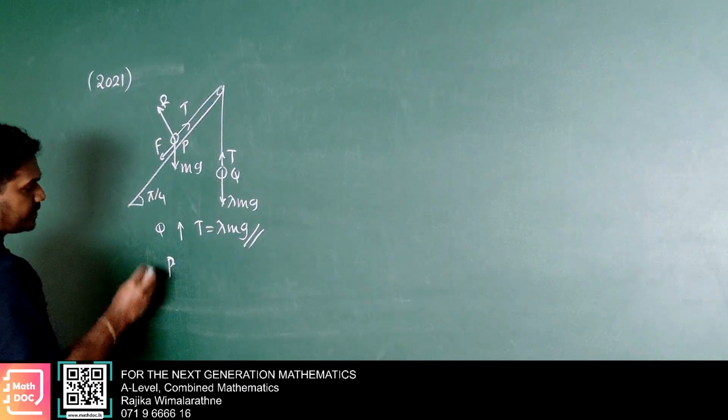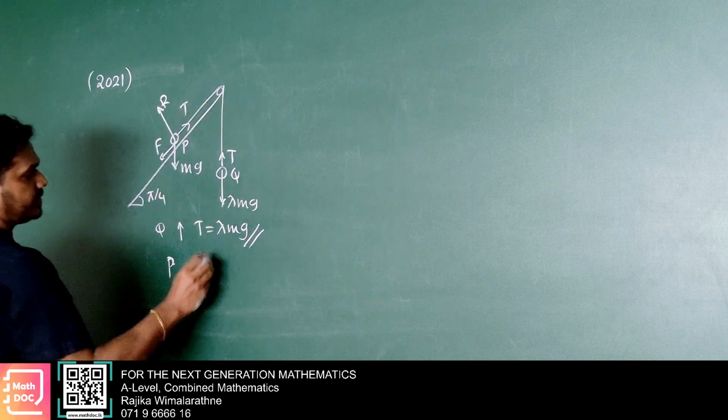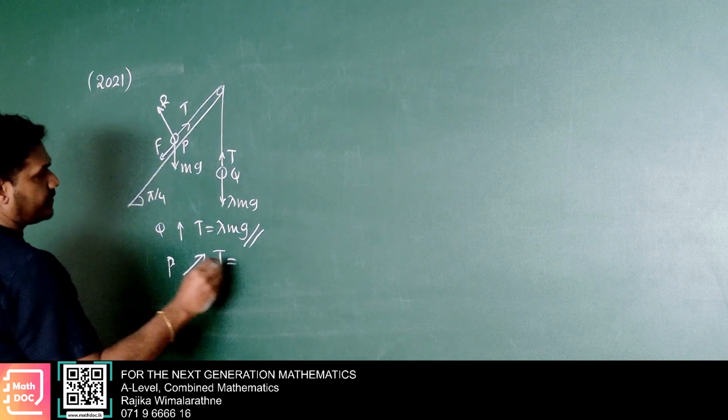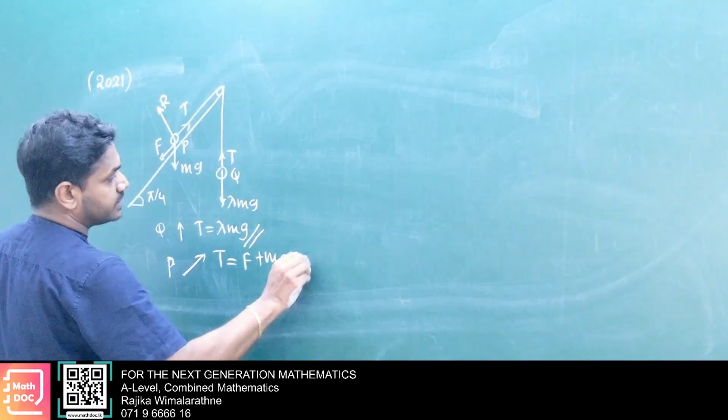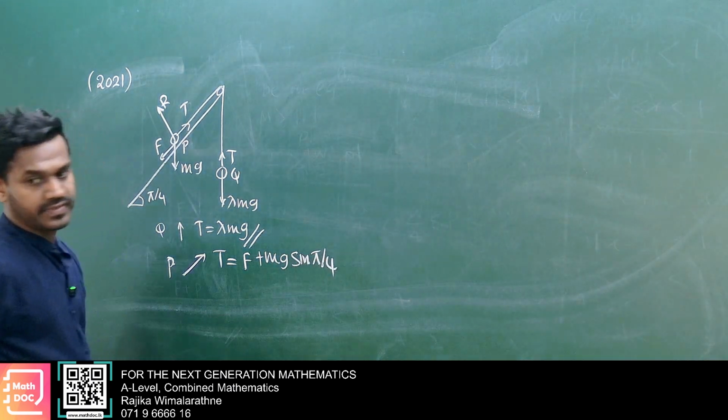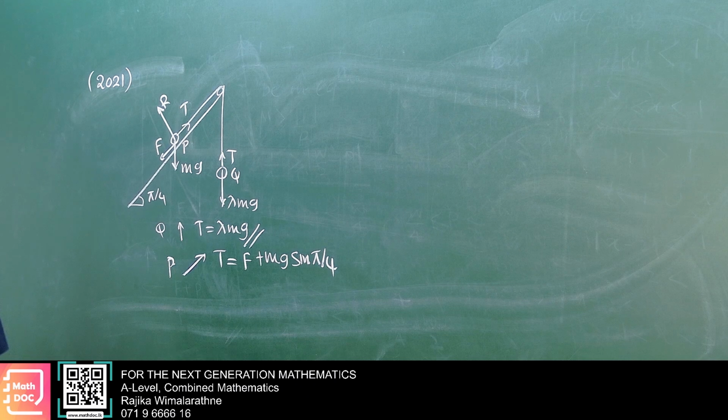P along the surface T equal F plus mg sin pi divided by 4.